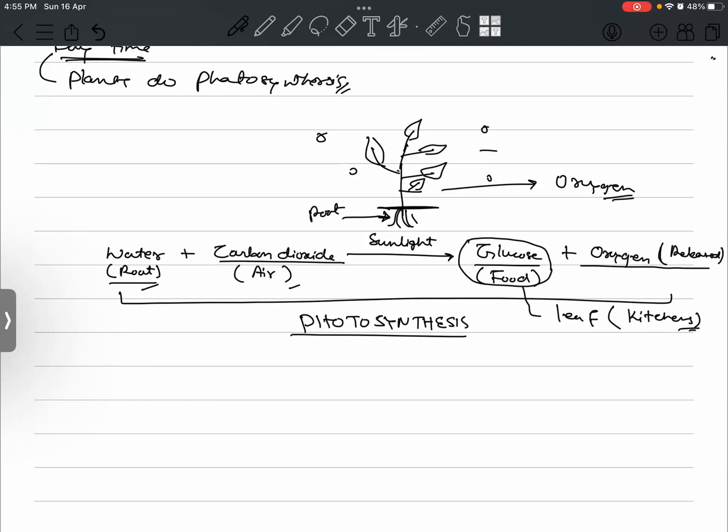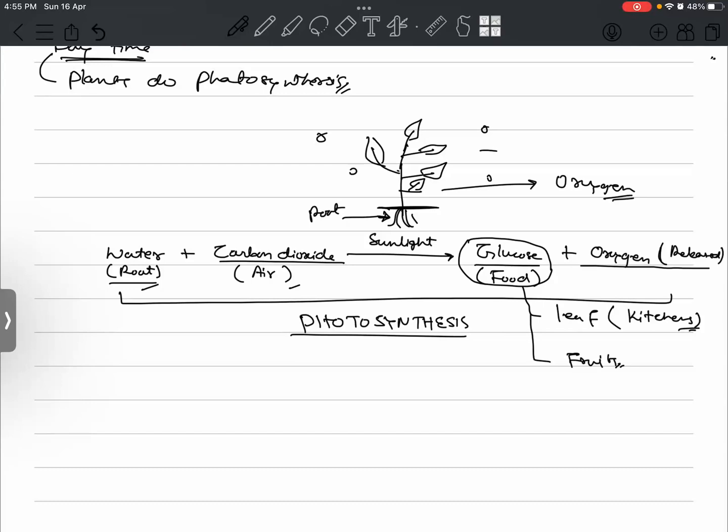The location of the storage of this glucose depends upon the plant. Plants which bear fruit, the glucose will be stored in their fruits, because we need glucose basically from the plants, right? Glucose is the source of energy.